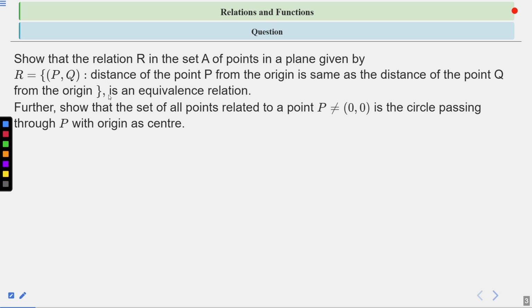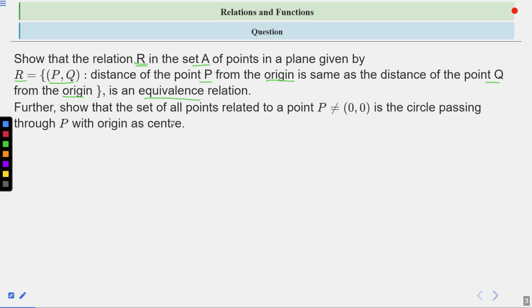Here's our question. Show that the given relation R in set A of points in a plane, given by our relation is the collection of all pairs P, Q such that the distance of the point P from the origin is the same as the distance of the point Q from the origin. And we have to show that this R is an equivalence relation.